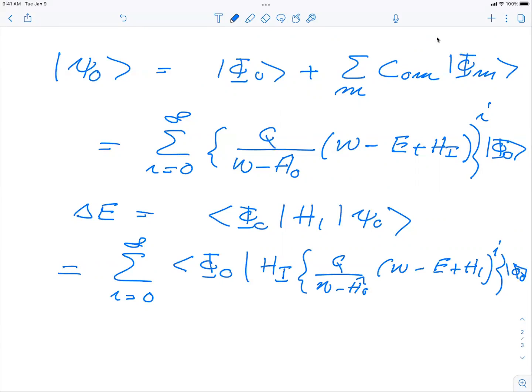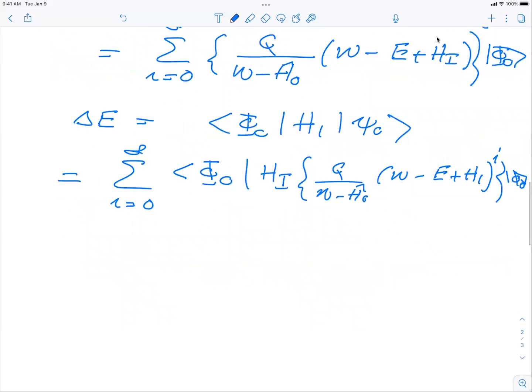Now, if we look at these equations, there are two ways, because this parameter omega is undefined. One of the standard approaches is normally called Brillouin-Wigner perturbation theory. I don't know if I'm pronouncing Brillouin correctly.